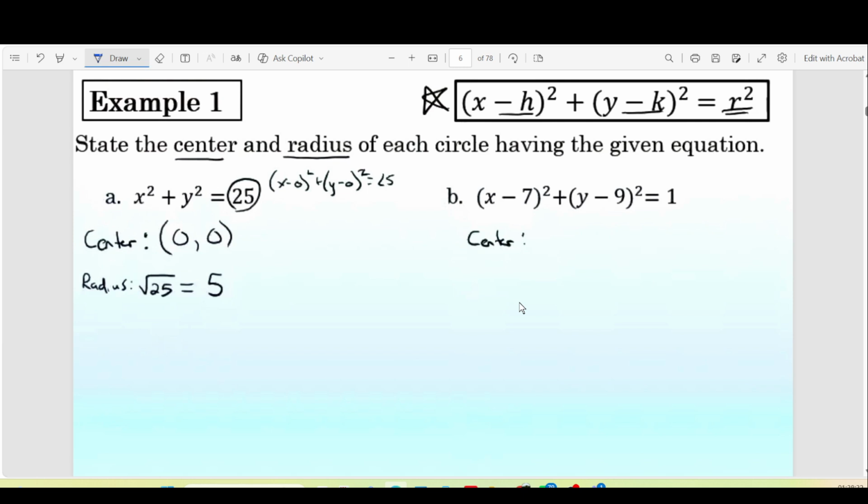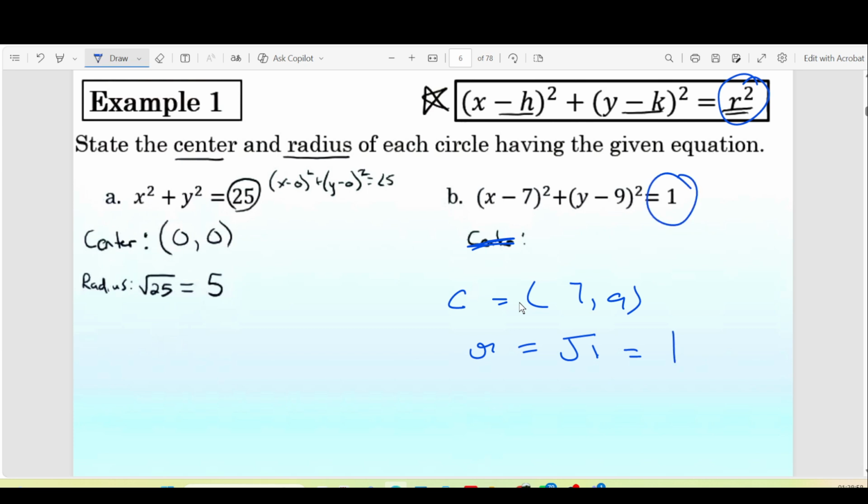Let's check this one. What is the center here? The center would be 7 comma 9. Good. The radius would be the square root of 1.